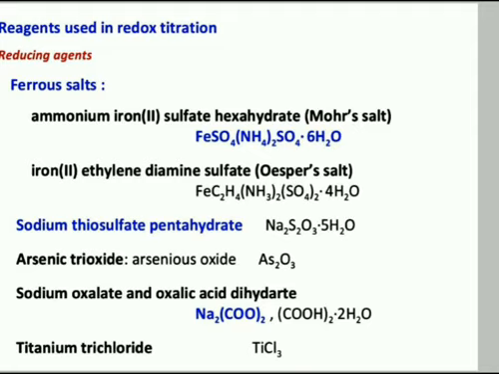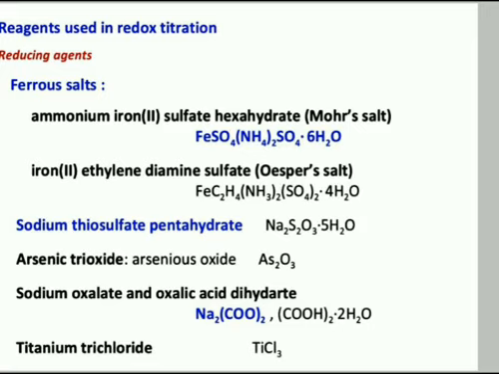Here I have given some examples of reducing agents. Some of the reducing agents among ferrous salts are ammonium iron(II) sulfate hexahydrate, that is Mohr's salt, and another ferrous salt is iron(II) ethylenediamine sulfate, that is Oesper's salt.